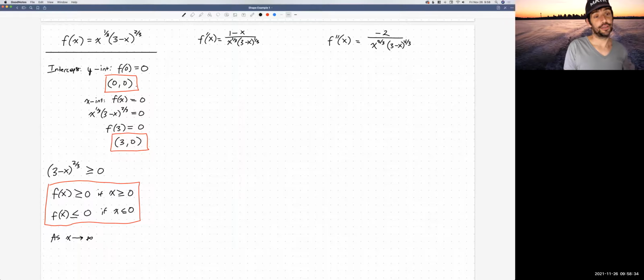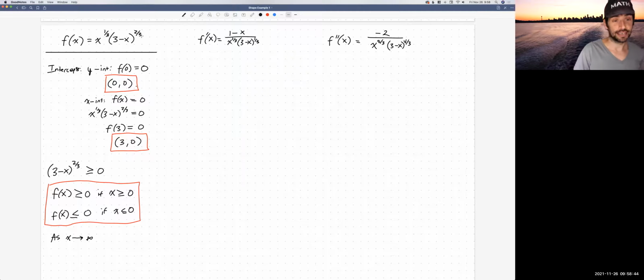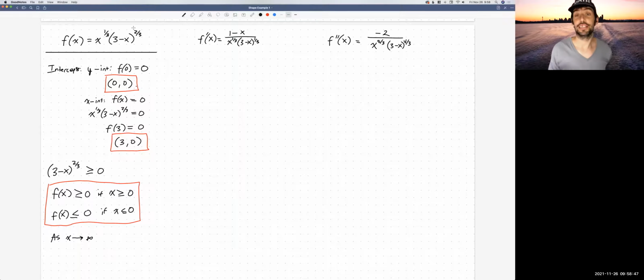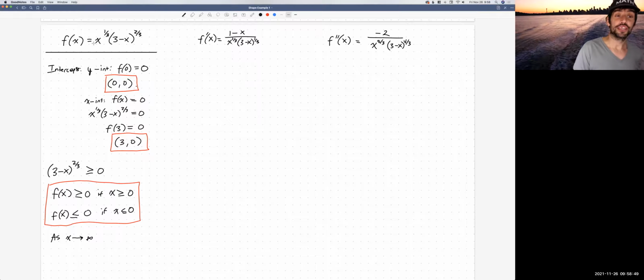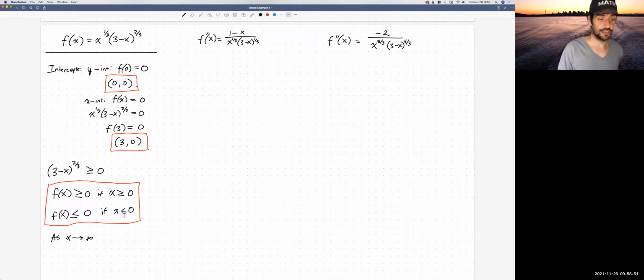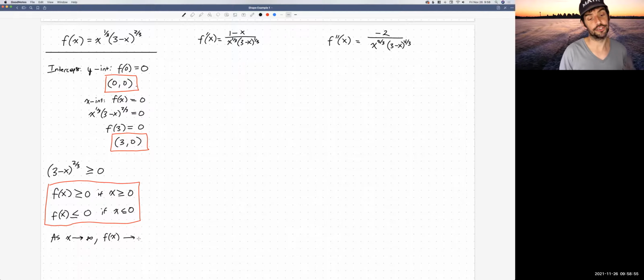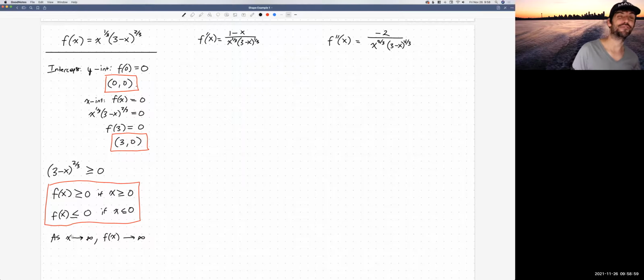If you put in a large number and you take 3 minus that large number, you get an incredibly large negative number. Then you take the cube root, you get a large, but not quite as large negative number, and you square it, you get a large positive number. So we've got two factors that are getting larger and larger and larger. The whole function is getting larger and larger and larger. So as x gets bigger, so does the function, and it does that forever. There's no end to how large this can become.